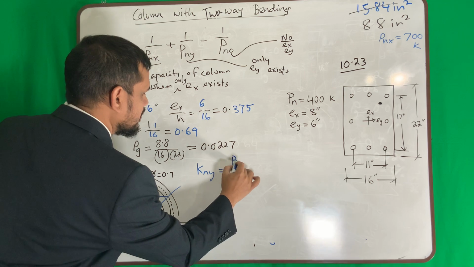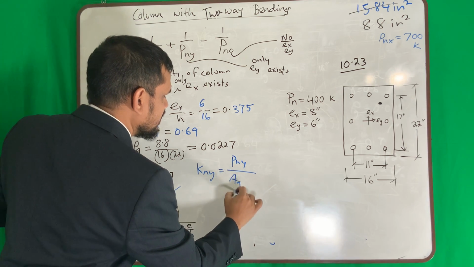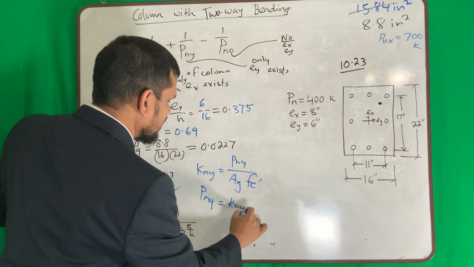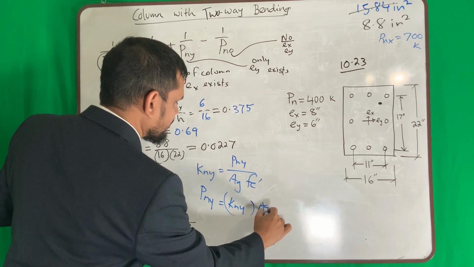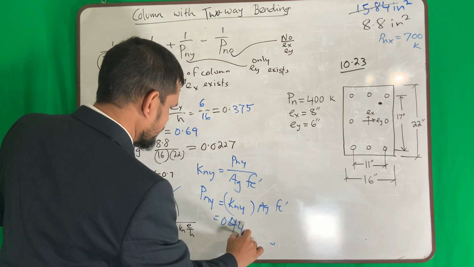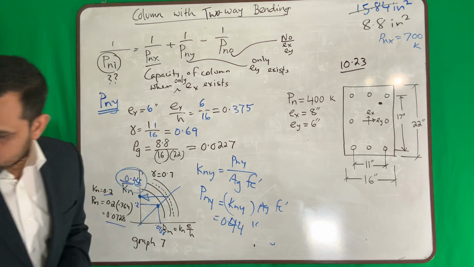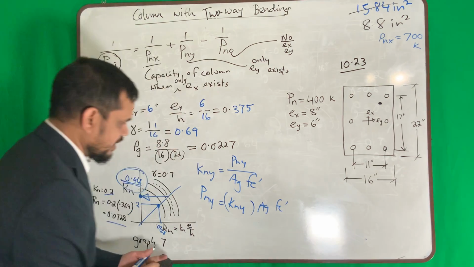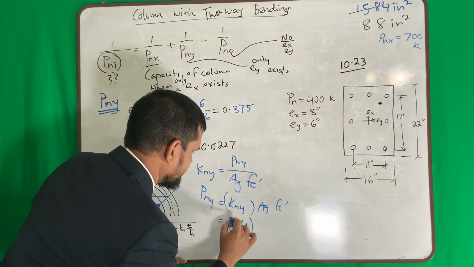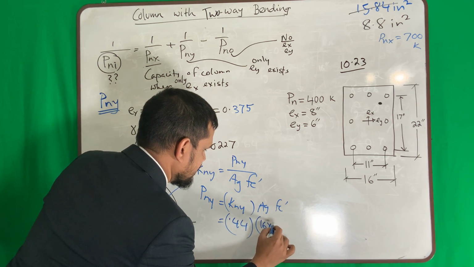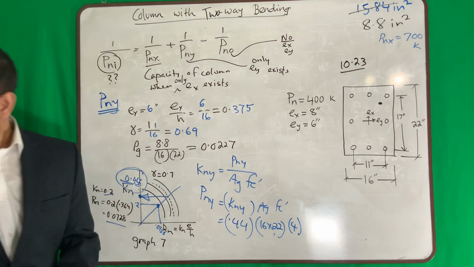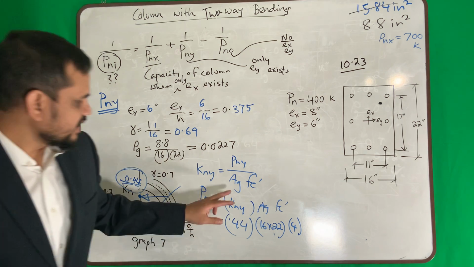Now KNY, PNY is KNY Ag times A prime C. So 0.44, write it clearly. It's taking a long time, but still it is helpful. Hopefully you can understand here.